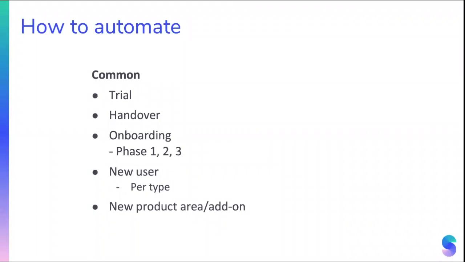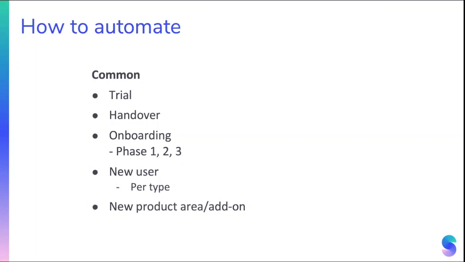Look at what things are common for all customers, for all users, that we can set up good automations for. The trial is one part. Sometimes trials are handled by sales, but still, the trial is usually something where we pretty much know what steps the customer or the user should go through.